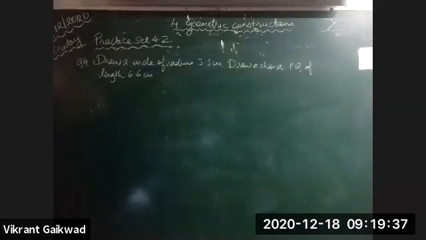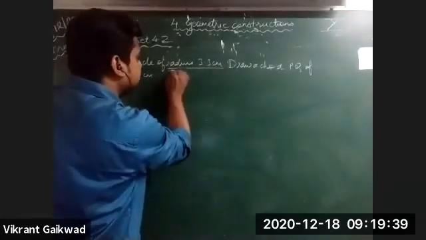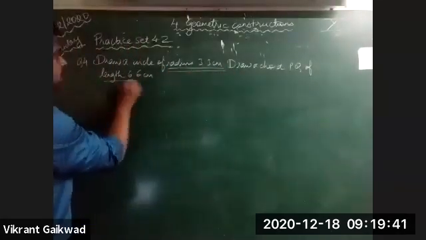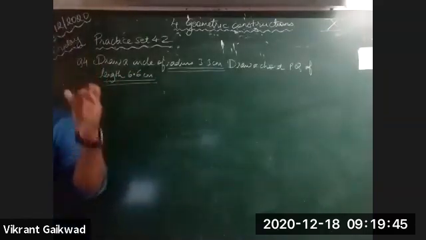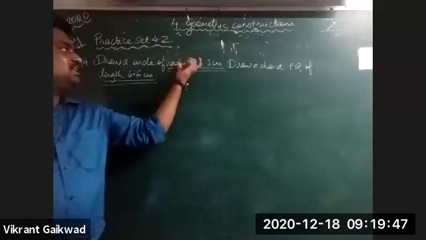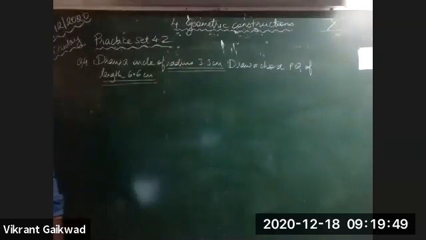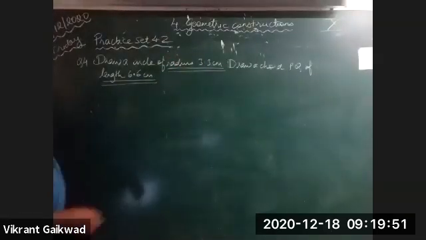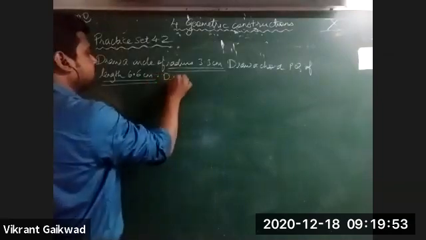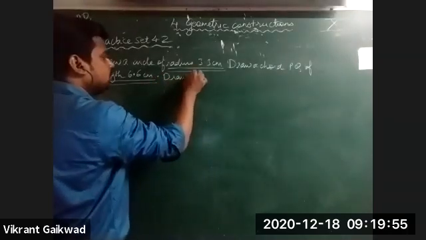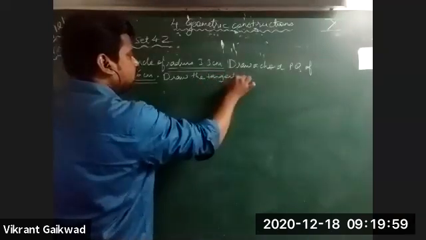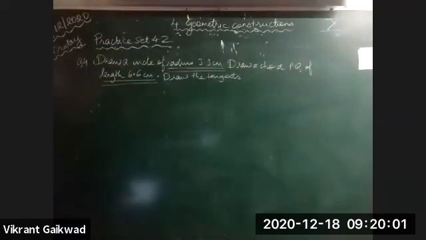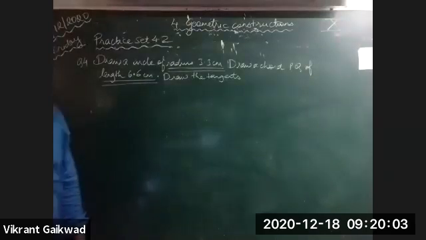I was just talking regarding this: radius 3.3 centimeters and chord of length 6.6 centimeters. So what is the relation between this radius and the chord? Draw the tangents to the circle at points P and Q.